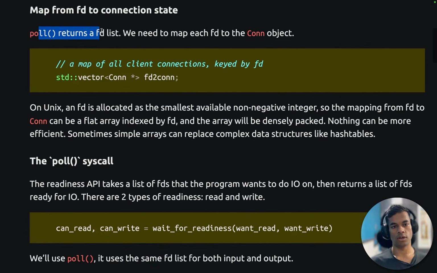Poll returns a list of file descriptors. We need to map each file descriptor to a connection object. Okay, this makes sense. We can do this on Unix. But what if we have a lot of connections?